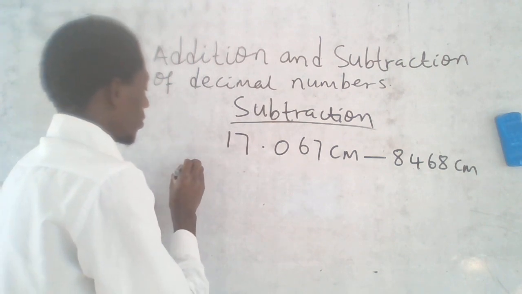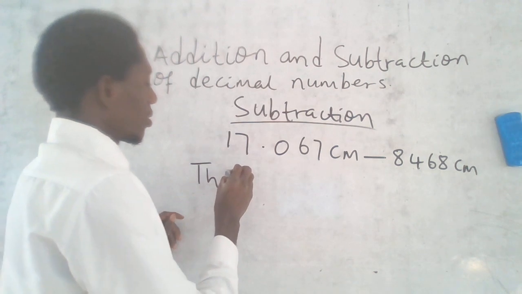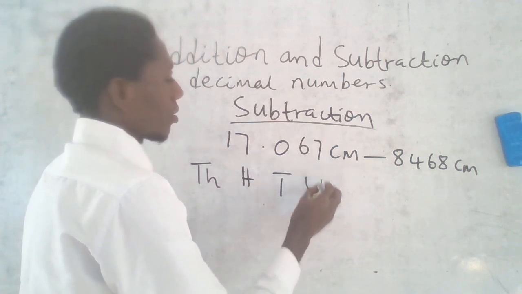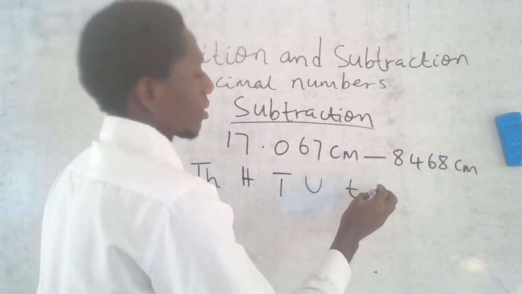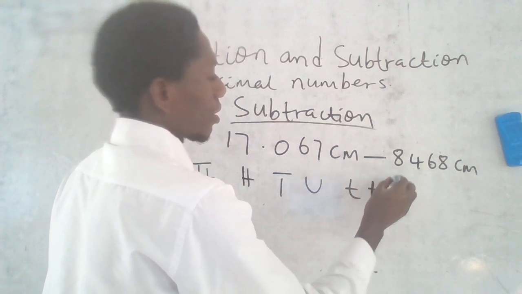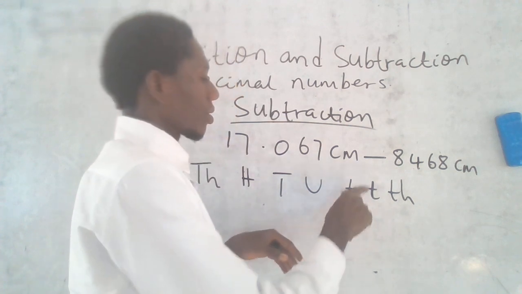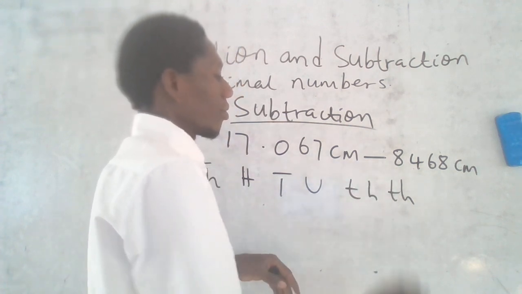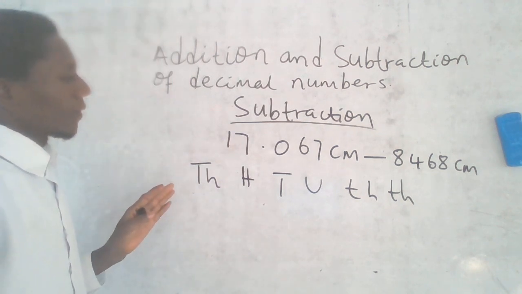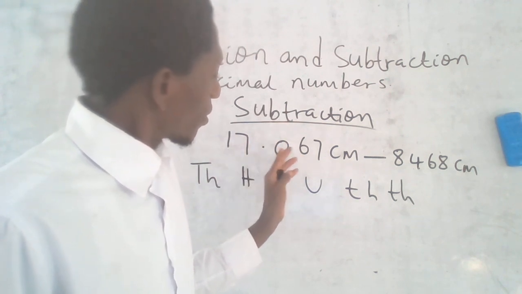First, use your hundred, tens, unit. This is hundred, tens, unit. This is thousand. This is hundred. Tens. This is unit. And then this is tenth. Now let's say you have 17.06.